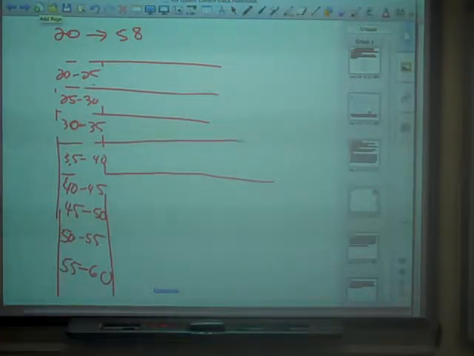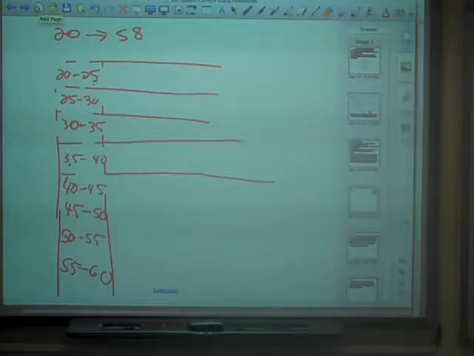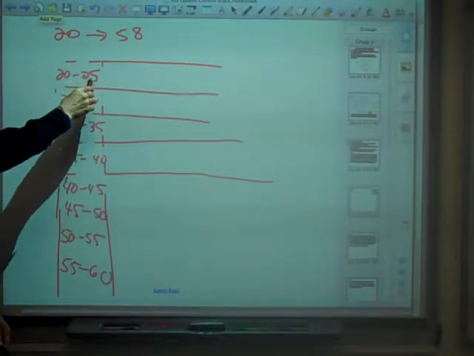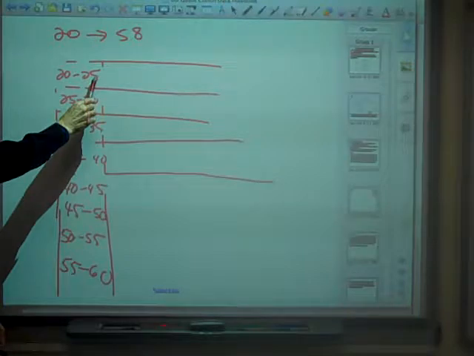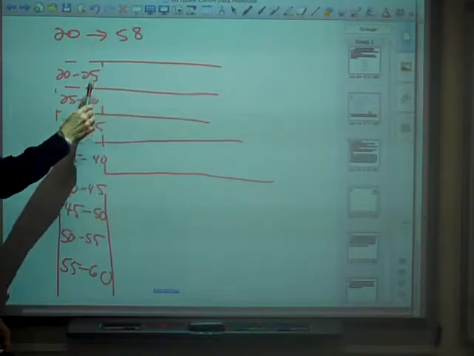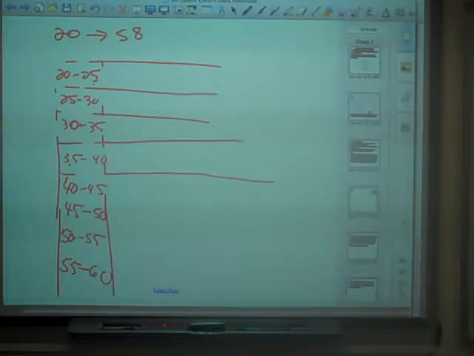It has to be the same number, 20 to 25. Exactly. We'll have to fix these categories. I'm just trying to get an idea of how big to make them. And then we'll fix them, because like Niall is saying, we have to figure out exactly, is 25 going in this group or is 25 going in the next one? So we need to fix these, but at least we're getting a better idea.